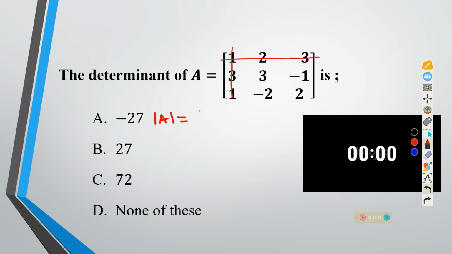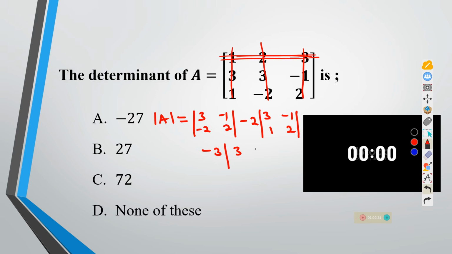We take the determinant of 3, -2, -1 and 2, then -2 into, eliminate this and this, so you remain with 3, -1, 1 and 2, then -3 into, you eliminate this and this, you remain with 3, 3, 1 and -2. So get the determinant of this.